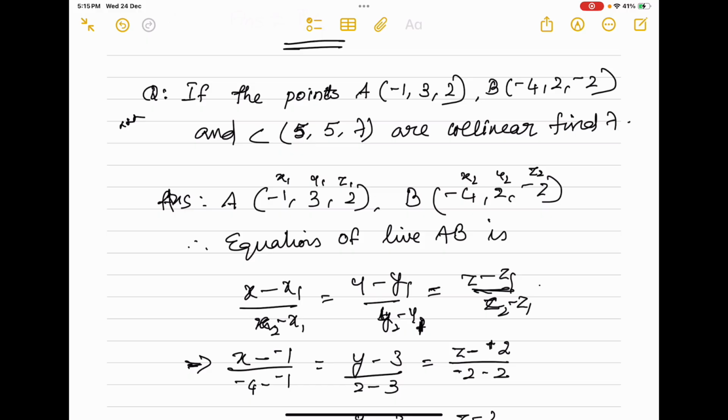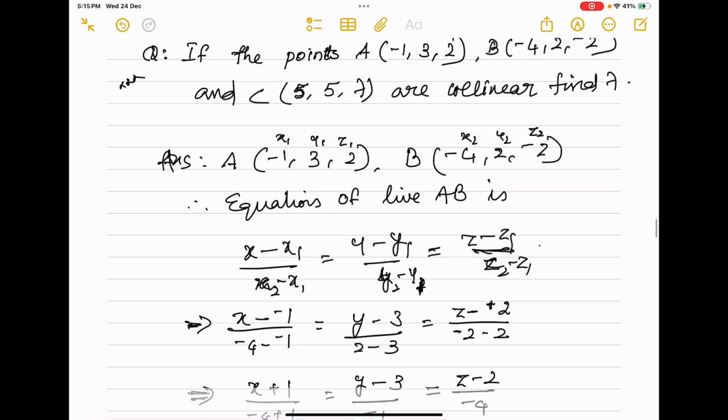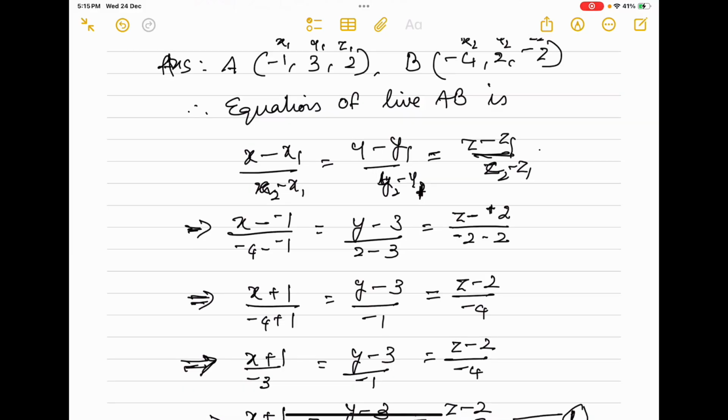X minus negative 1 divided by negative 4 minus negative 1 equal to y minus 3 divided by 2 minus 3 equal to z minus 2 divided by negative 2 minus 2. That implies x plus 1 divided by negative 3 equal to y minus 3 divided by negative 1 equal to z minus 2 by negative 4.